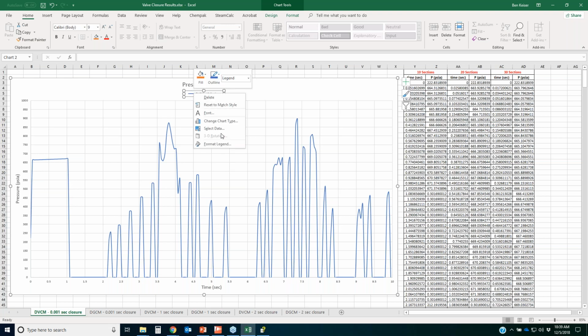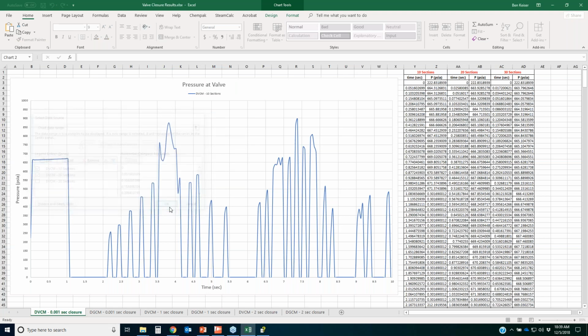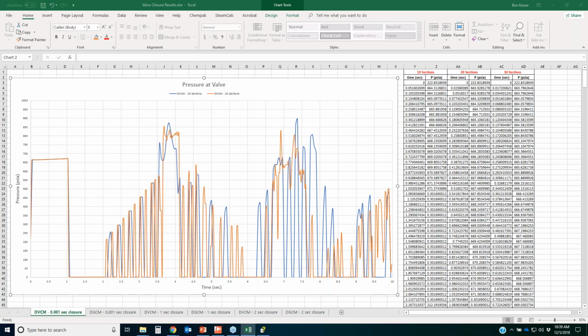If I do 20 sections, what I'm looking for is how the trending results compare with the two types of sectioning. As you can see, if you look at the blue line in this area, you see some large pressures that spike when that cavity collapses in this region.